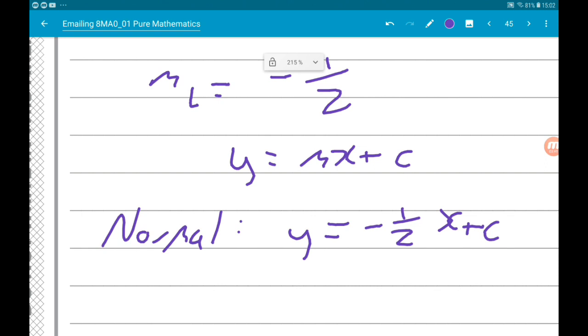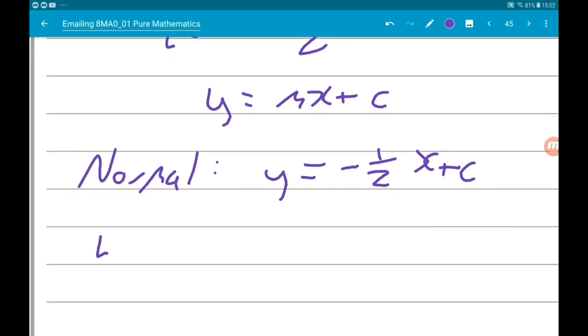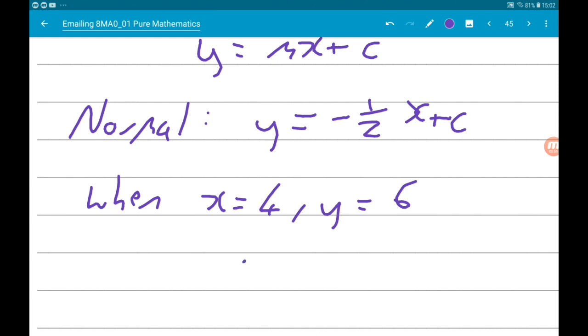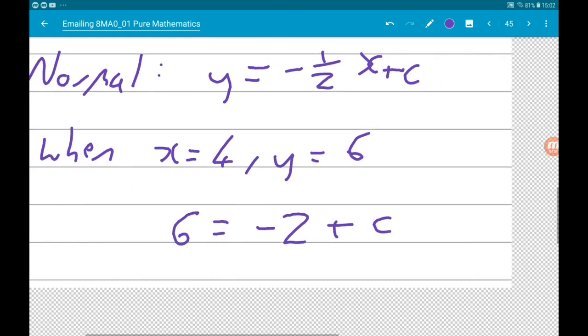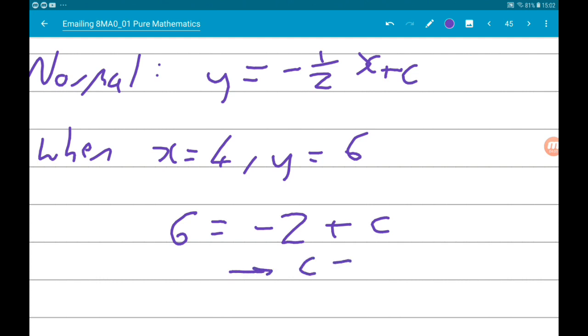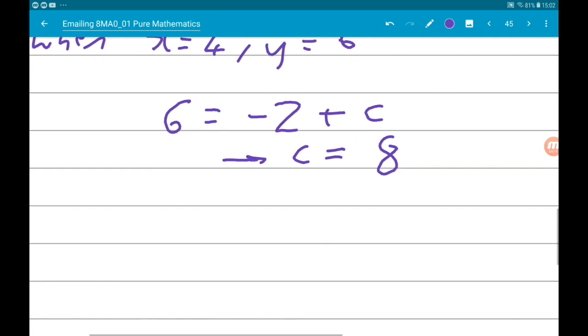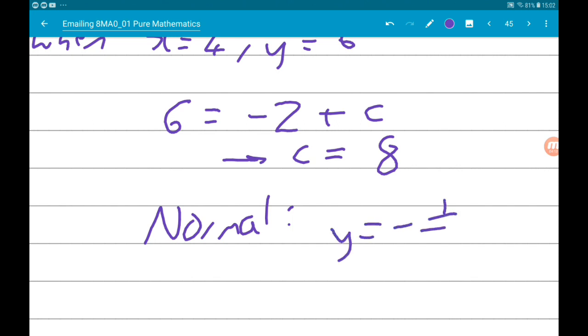To find c, we sub in the coordinates at P. When x is 4, y is 6, so that gives us 6 is equal to minus 1/2 times 4, which is minus 2, add c. Therefore c is 8. So the normal has equation y equals minus 1/2 x add 8.